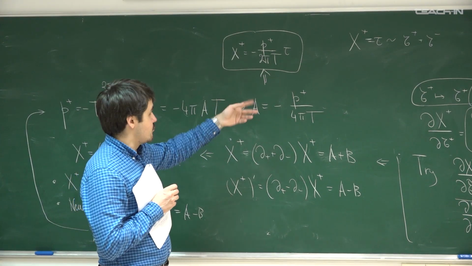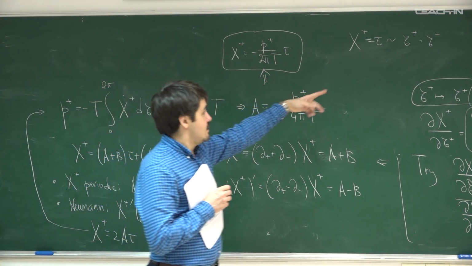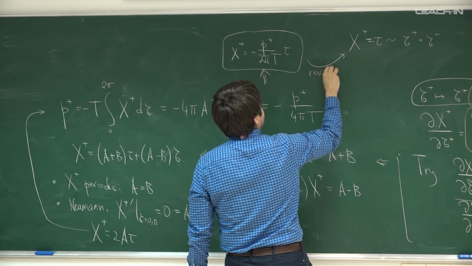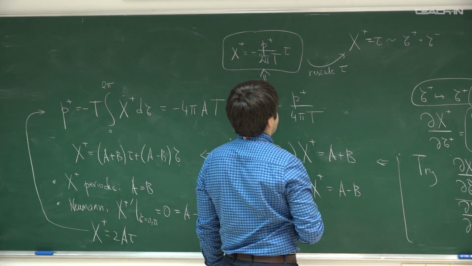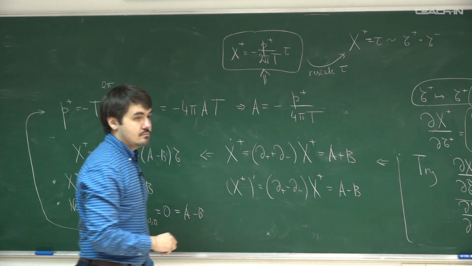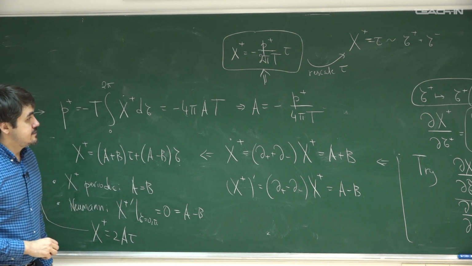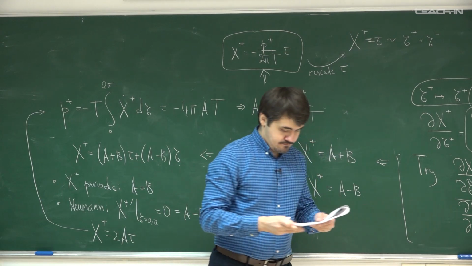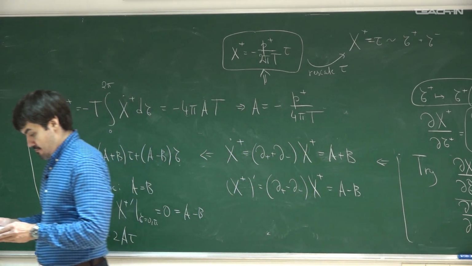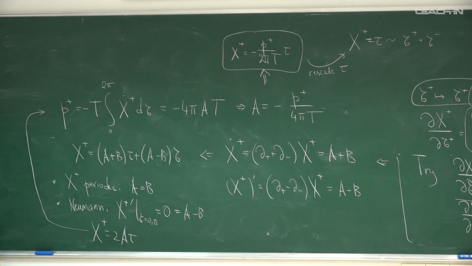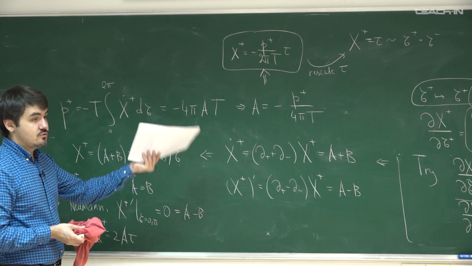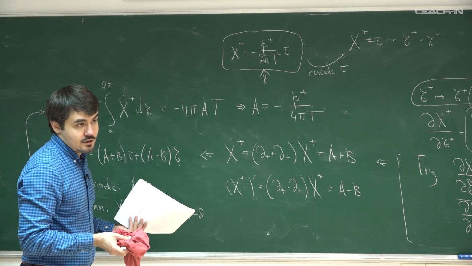But we could, of course, rescale tau by this constant, and then we'd get here. So if you have some solution of equations of motion in conformal gauge, you can do this procedure and find the form of solutions in light cone gauge.